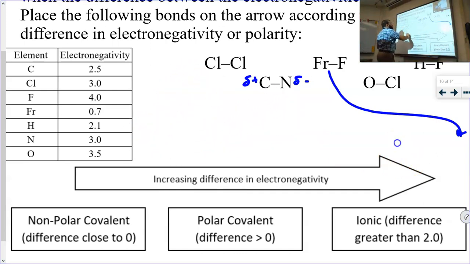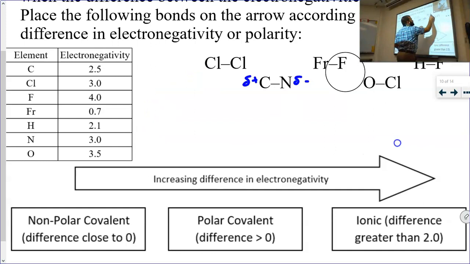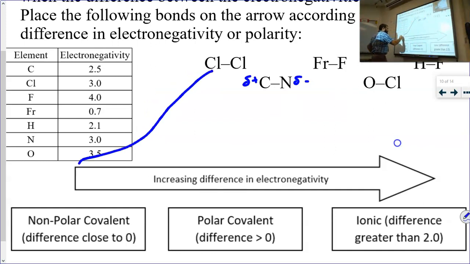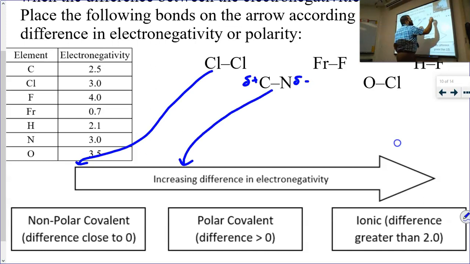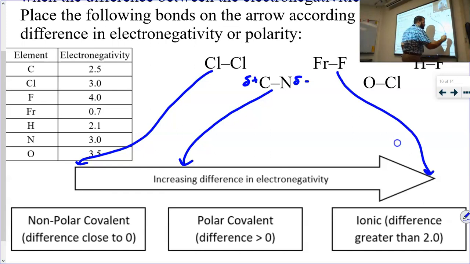So the francium and the fluorine, with a huge difference in electronegativity, give us what we know as an ionic bond. When you have a difference in electronegativity between two atoms that's over 2, we call this ionic.